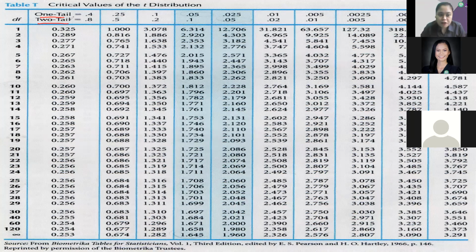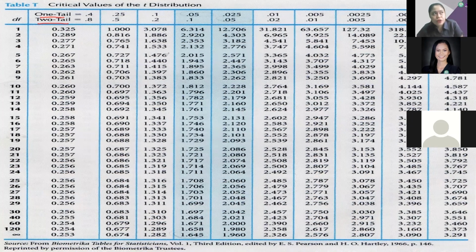Let me check if you can still remember. What do you think class are we going to do here? One-tailed test or two-tailed test? Ano nga ibig sabihin ng one-tailed and two-tailed na yan? Ginawa natin yan sa z-test and it's the same thing sa t-test. Diba? Pag one-tailed, if the hypothesis is directional. Yun ang ibig sabihin ng one-tailed test natin.